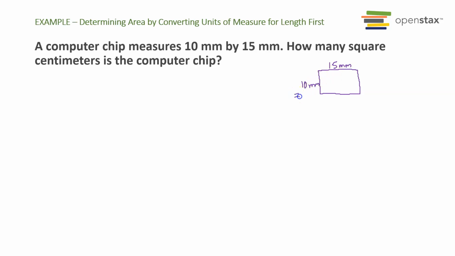If we start by converting millimeters to centimeters, that will actually make our life easier in the end. So 10 millimeters is 1.0 centimeters, because there are 10 millimeters in a centimeter, we just move 1 decimal place to the left. And here that's 1.5 centimeters, because again, we're just moving 1 decimal place to the left.